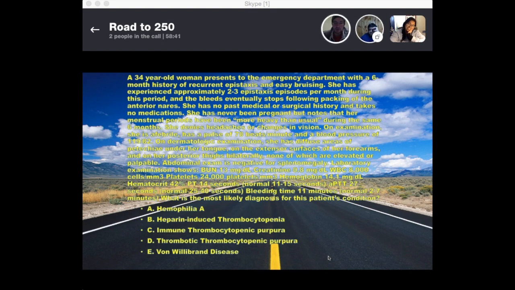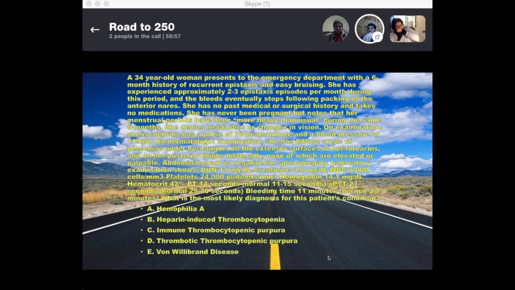So it's thrombotic thrombocytopenic purpura. So it's D. There you go. I was gonna say C, but now I'm not so sure.